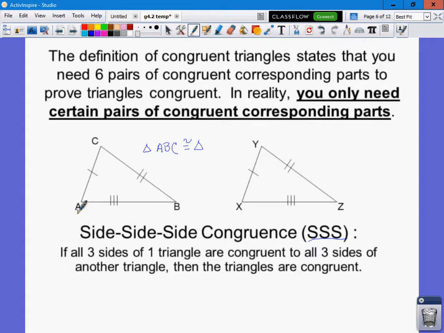So if I went A, B, C, I went down a side that had 3 marks, down the side that had 2 marks, and then I would come back around to the 1. I've got to state this one in the same order. So how do I want to state it? I want to state X, Z, Y. And I know that these 2 triangles are congruent by side, side, side.